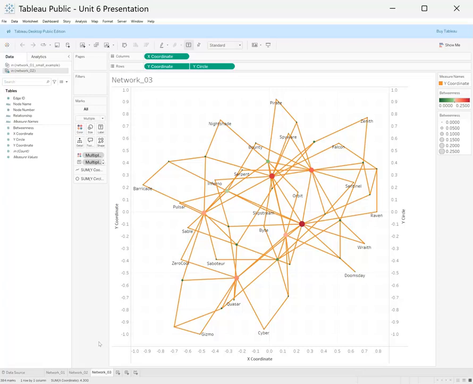Again, the higher the centrality, the darker the red of the node. These nodes serve as critical connectors for communication flow. If one of them were compromised, the network's functionality could be significantly impaired.